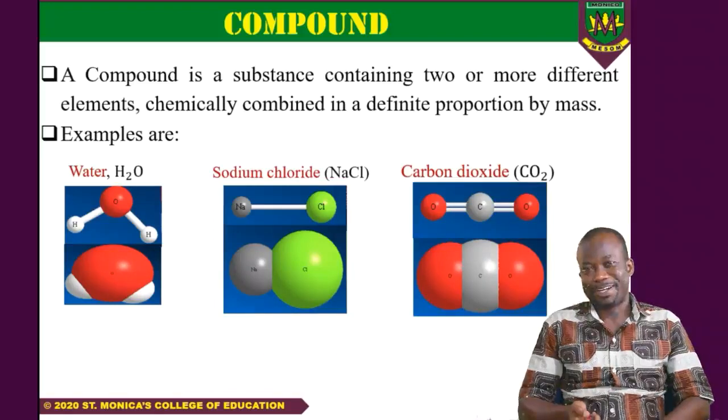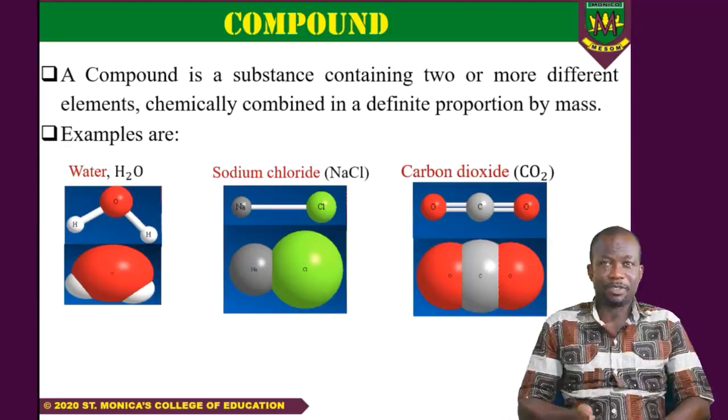This one is a double covalent bond from the carbon to the oxygen here, and then another double bond from the carbon to the other oxygen. Together, that is what makes up the structure of carbon dioxide. And this is a double covalent bond. This is a single covalent bond. All these are examples of compounds. Going forward, we will meet so many examples.